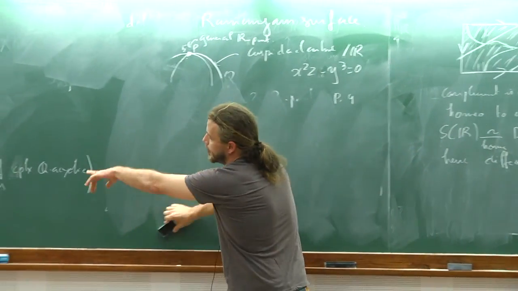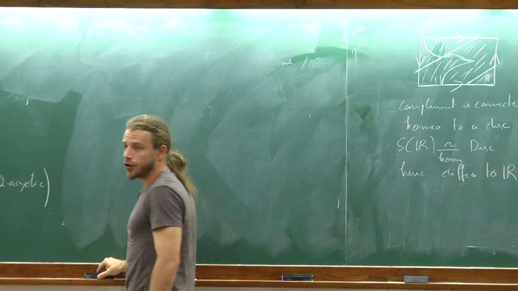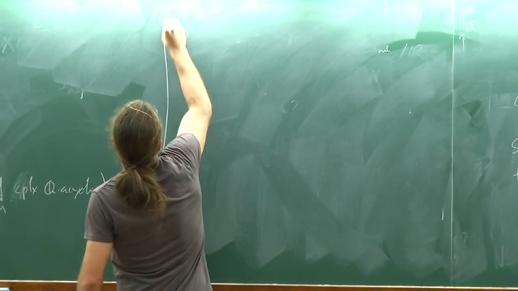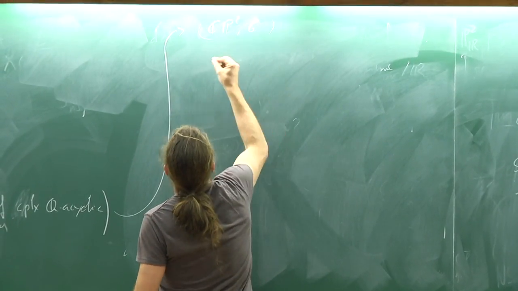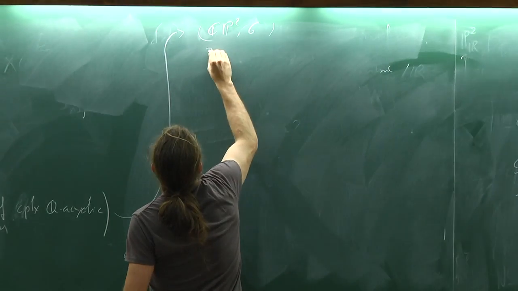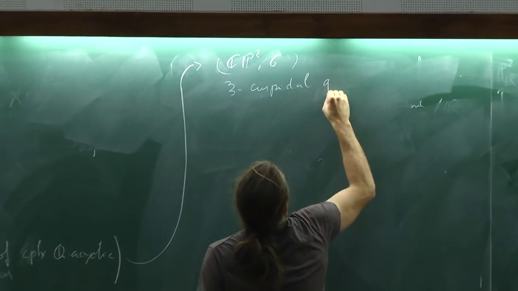So just one word about real forms, just to give you an idea. We are in CP2 again, and we take three cuspidal quartics.